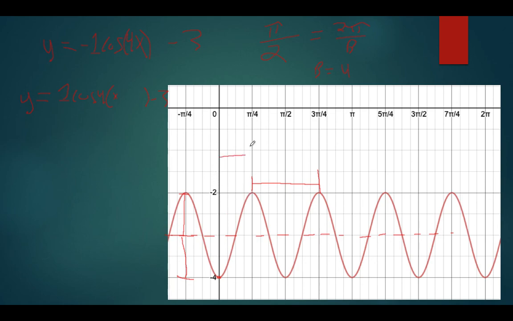So you go to the right pi over 4, okay, and that means you subtract pi over 4. And those two would end up being the same graph, okay? Now again, I think on IXL, if you have horizontal transformation in yours, you have to have the number on the outside.